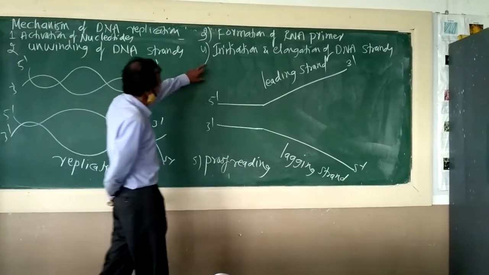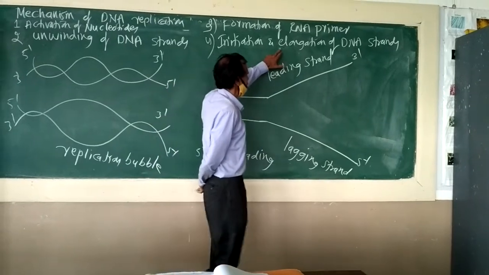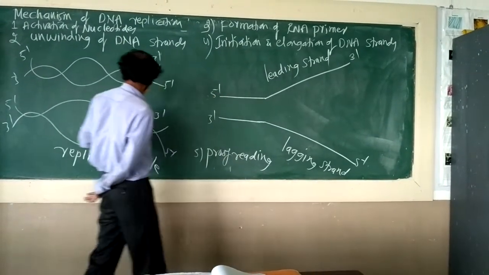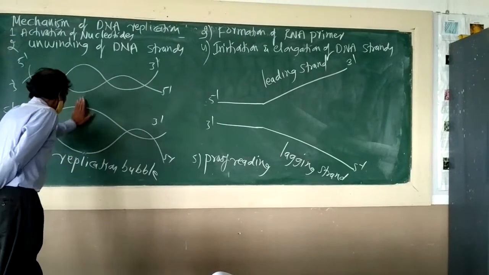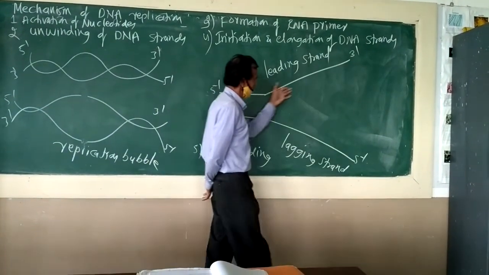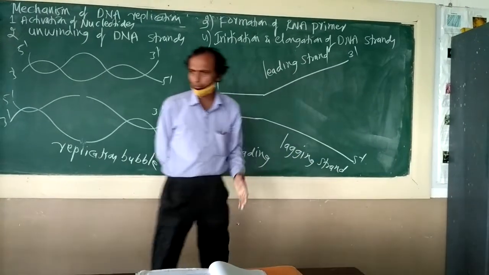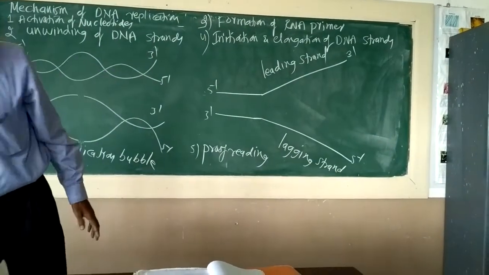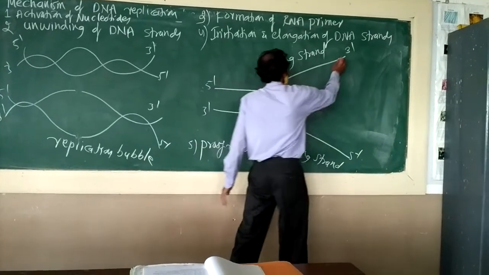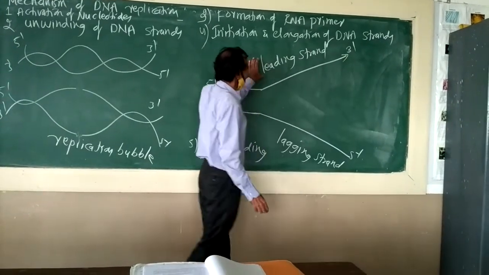And the next step is initiation and elongation of DNA strands. Here we have taken a replication fork. The replication bubble can be made into a replication fork. There are two strands. One is 5' to 3' forward. The other is 5' to 3' backward. The strand that is having 5' to 3' can be taken as the leading strand.